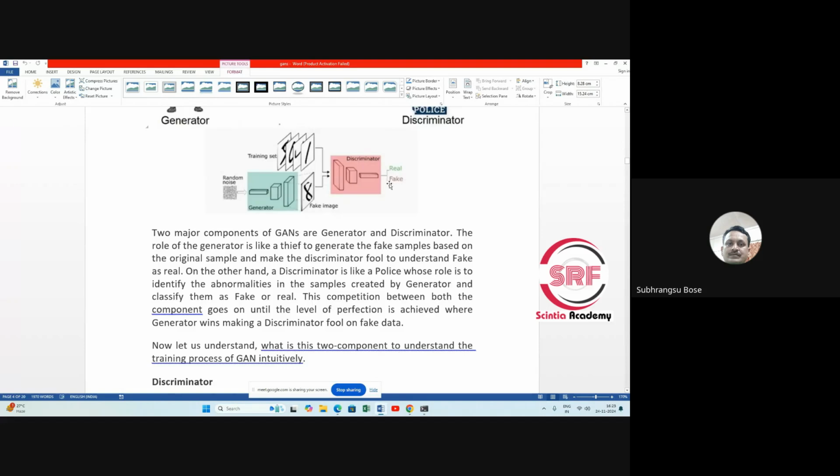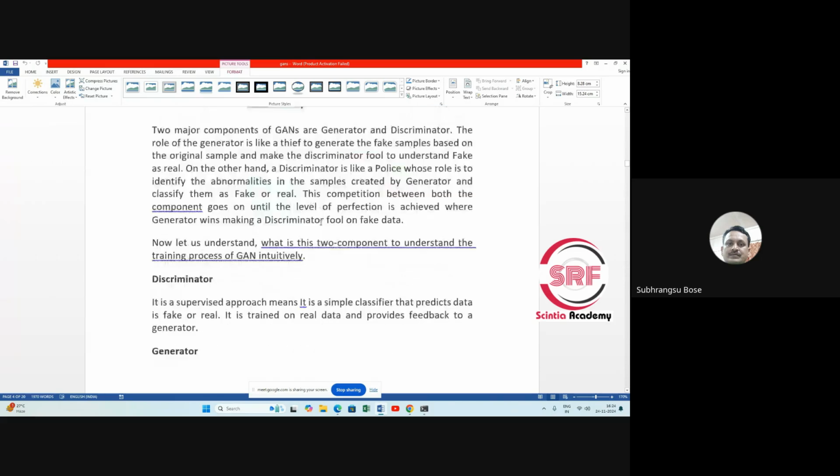If it is fake, this fake information is backpropagated again to the generator, and the generator is trained again. That iteration goes on until the generator creates a new image and the discriminator cannot find anything wrong in it, and predicts it is real. Basically, the discriminator is being fooled by the generator's image.